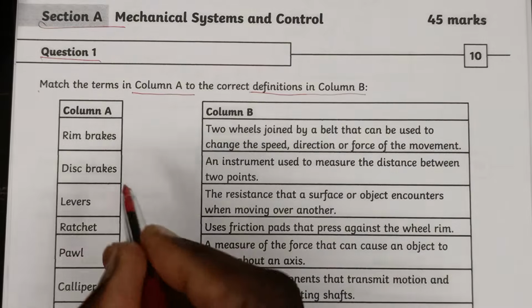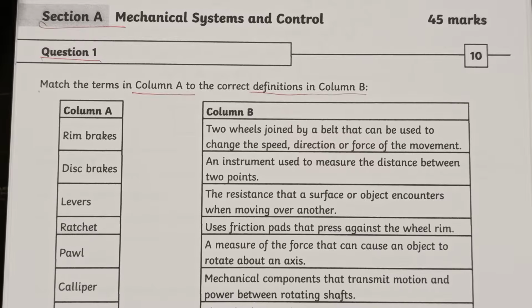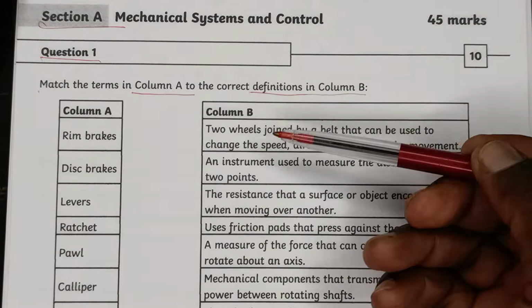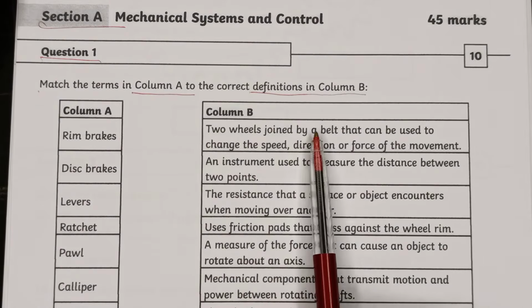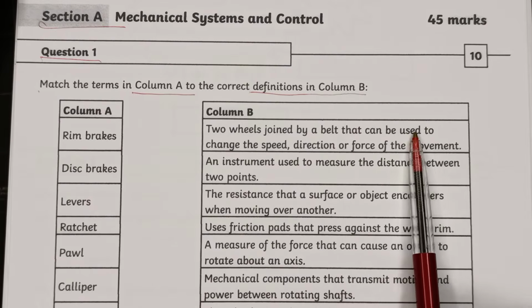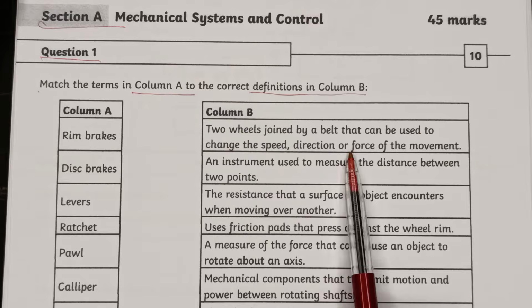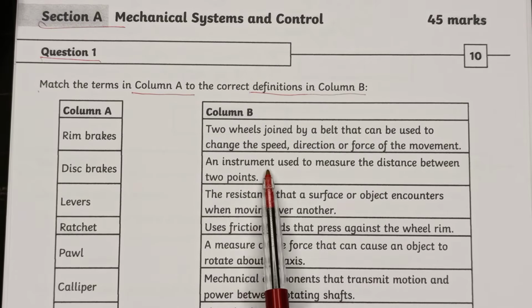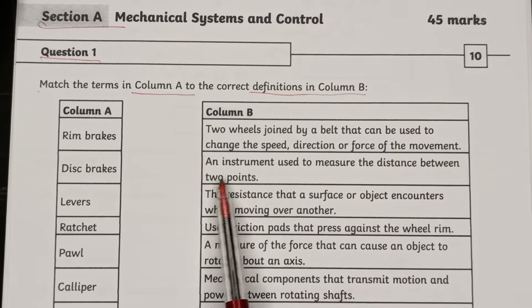So the first term is rim brakes. When we come here, which one is the correct definition? Is it two wheels joined by a belt that can be used to change the speed, direction, or force of the movement? Is it an instrument used to measure the distance between 2 points? No, incorrect.